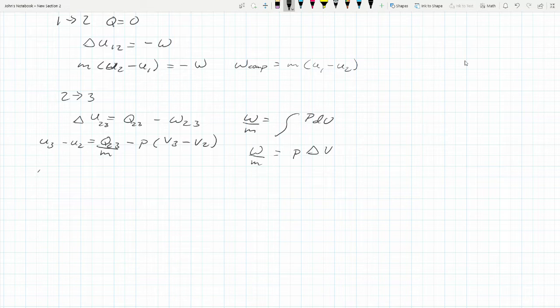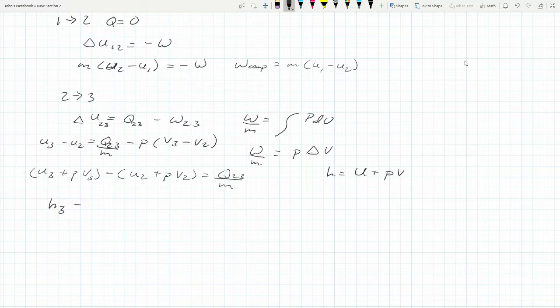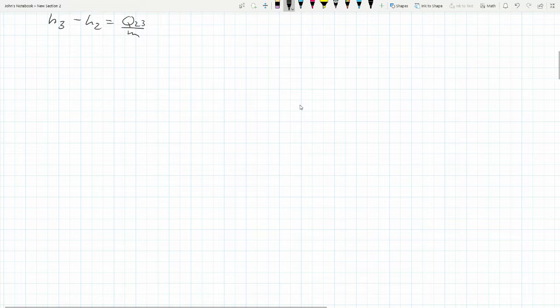Okay, well then this becomes U3 plus P V3 minus U2 plus P V2 is equal to Q23 over M. And if you recall, enthalpy is equal to the internal energy plus the pressure times the volume. So this becomes enthalpy at state 3 minus enthalpy at state 2 is equal to the heat input of the cycle. All right, so now let's do the next part, 3 to 4.